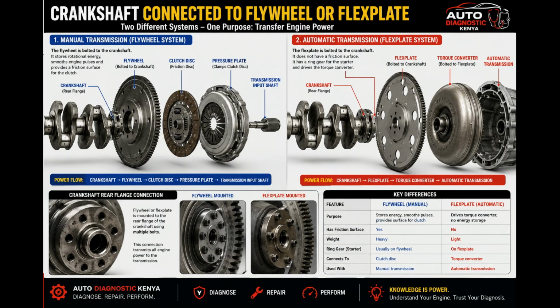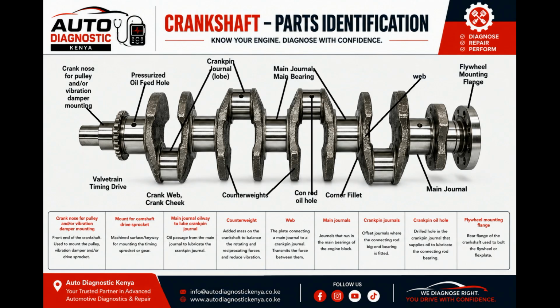And now, how is the flywheel secured? At the rear of the crankshaft is a flange. The flange fits into a counterbore hole in the center of the flywheel. Then several bolts secure the flywheel to the crankshaft. The bolts pass through the holes in the flywheel and screw into the threaded holes in the crankshaft flange. There are also dowels.